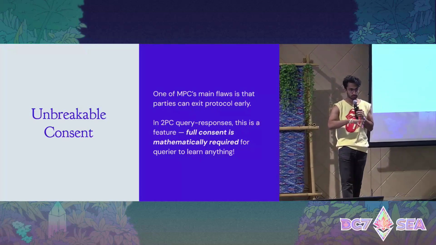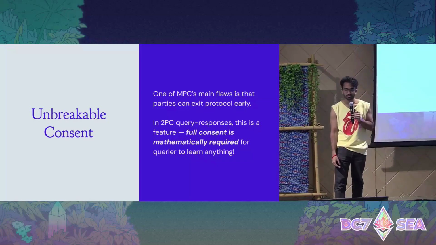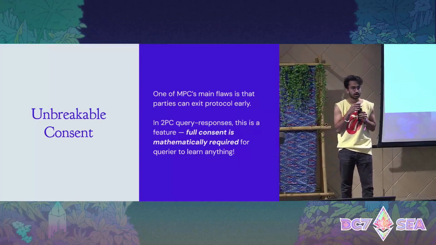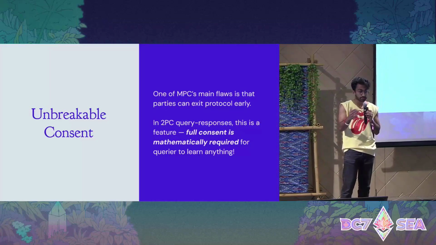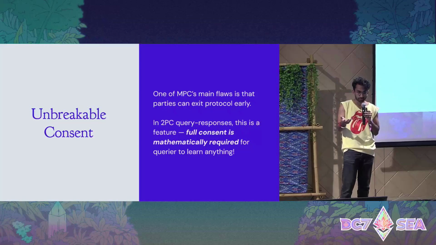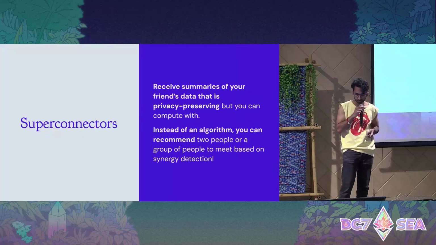I think in the context of more human-facing stuff, and especially for something like 2PC, this is actually a feature. You need full consent across all the different parties for anything to be verified or revealed. So you can build a system in which consent is literally mathematically baked in, instead of just depending on the platform or other things to do that for you.